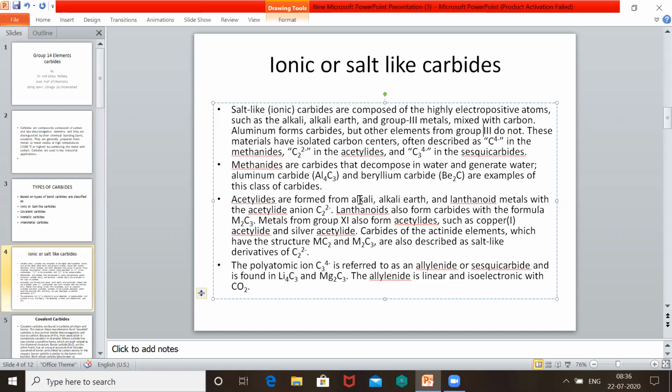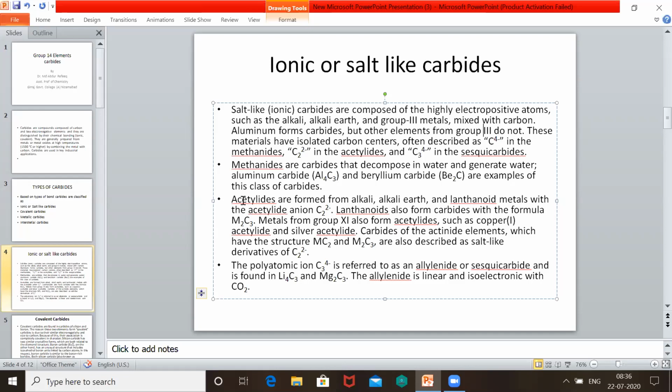Similarly, we know that calcium carbide, when dissolved in water, gives acetylene gas. Hence, it is called an acetylide. We know that in gas welding we use acetylene gas. And how is acetylene gas prepared? If you see the procedure, calcium carbide is mixed with water to give acetylene.